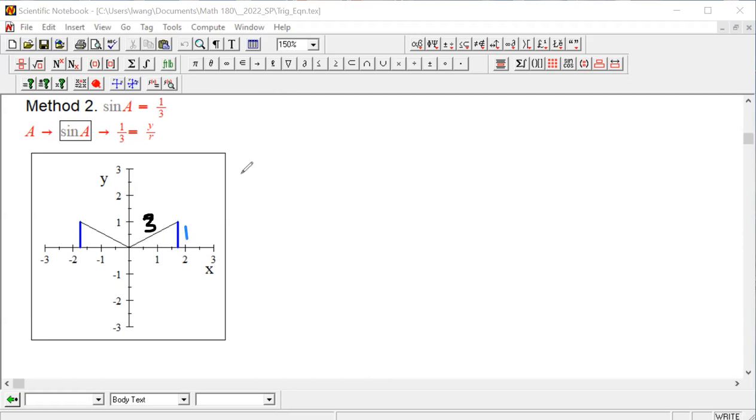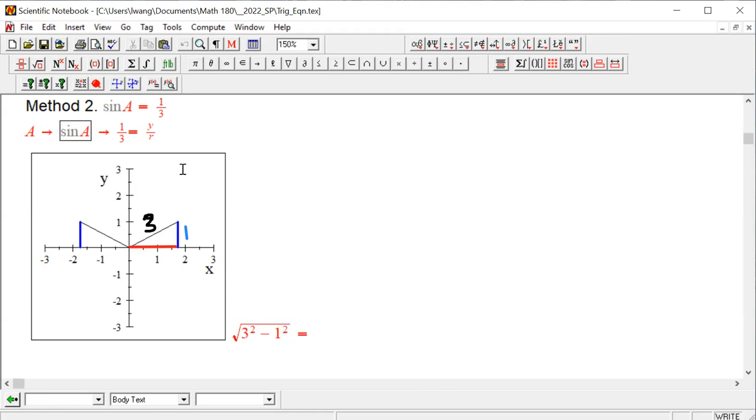and this piece is 3. So what is the red? The Pythagorean theorem. The red is going to be the square root of 3 squared minus 1 squared. Whoops, 1 squared.